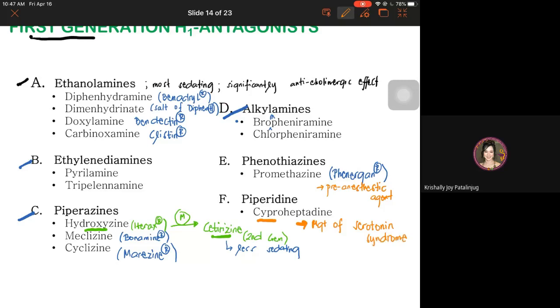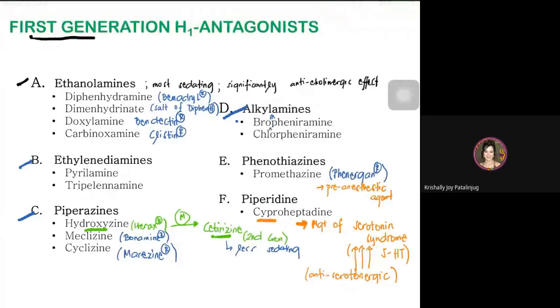Diba? Kung serotonin syndrome, sobrang taas ng serotonin level in the body. So, ang gagawin na cyproheptadine, meron siyang miscellaneous action as an anti-serotonergic drug. Okay. So, these are the first generation histamine 1 blockers.